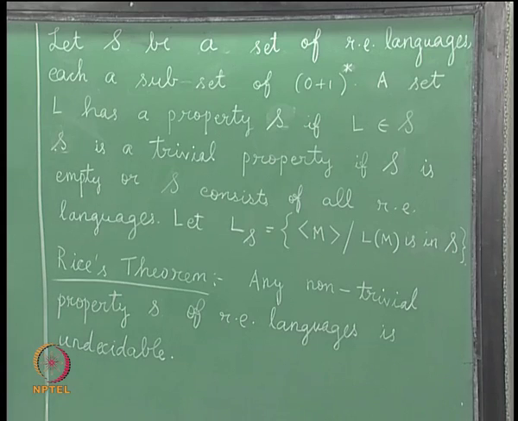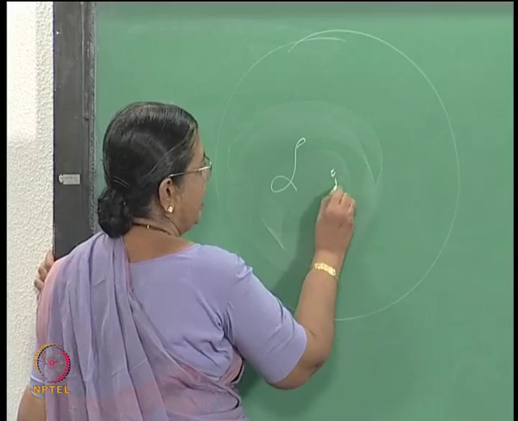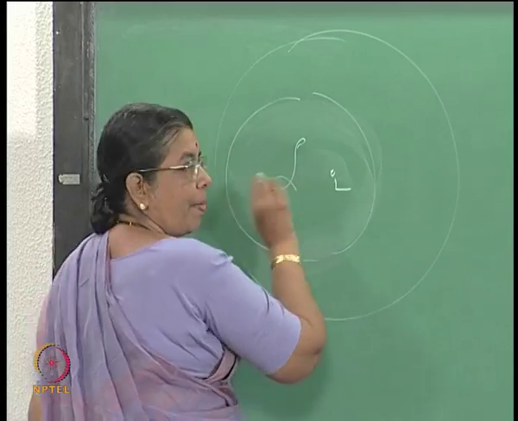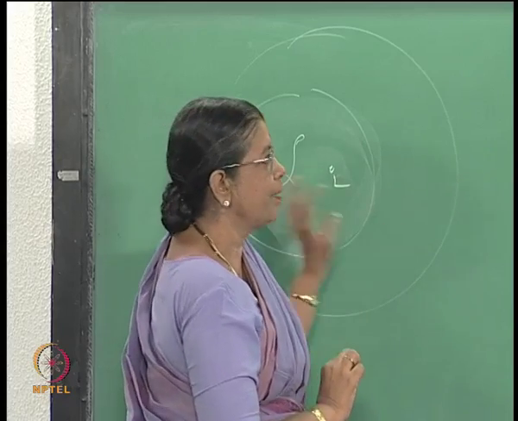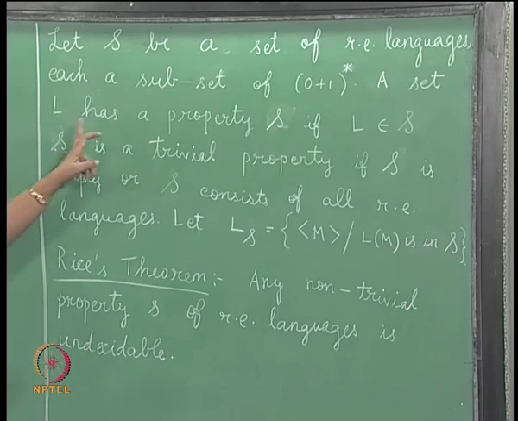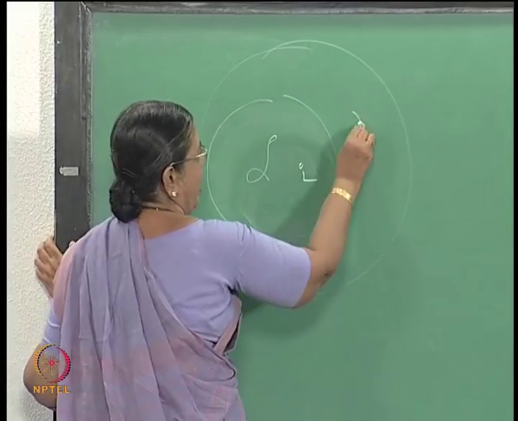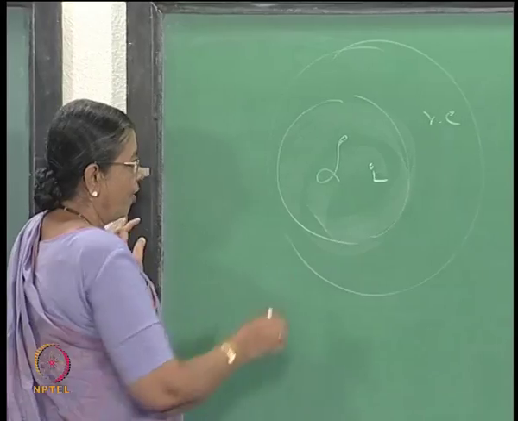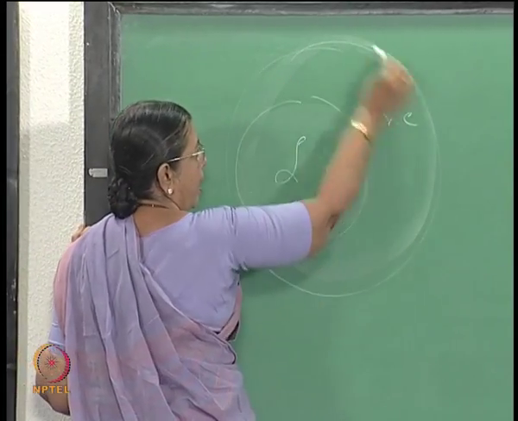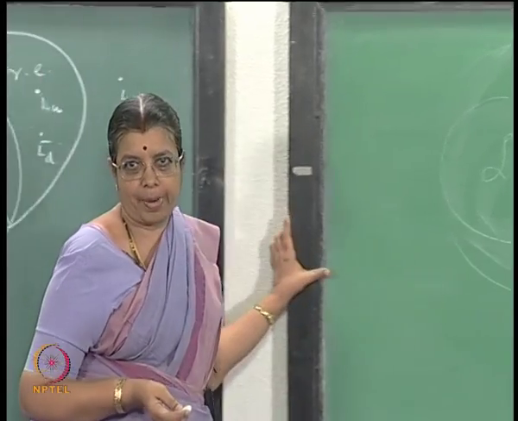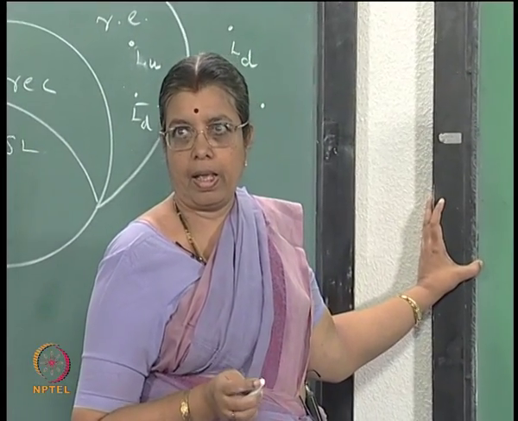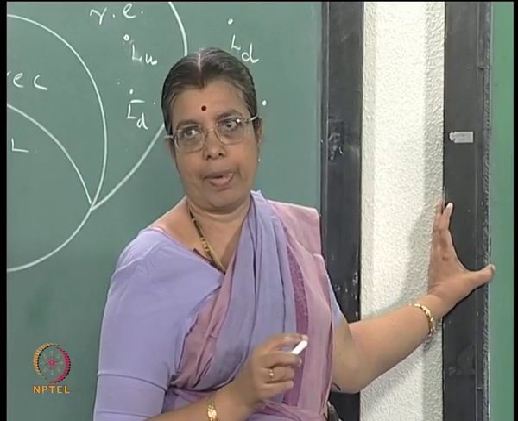Now, a language L has the property S if L belongs to S. S is a trivial property if S is empty or S is equal to the whole family of recursively enumerable languages. If S is equal to the whole set or if S is empty, it is a trivial property. Otherwise, it is a non-trivial property.